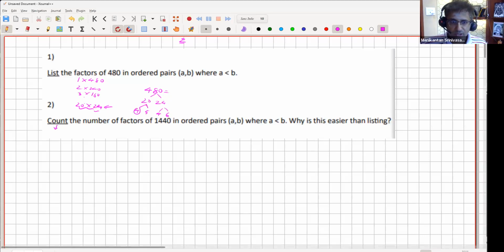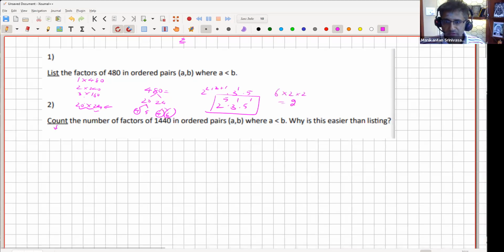This 4 is 2 power 2, this 4 is 2 power 2, and then there is 2 in the 6. So that's 2 power 5. There's 1 three, which is in 6, and then 1 five. So it's 2 power 5 into 3 power 1 into 5 power 1. And as we know, the number of factors will therefore be 6 into 2 into 2, which is 24 factors.